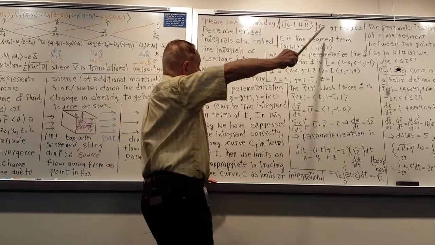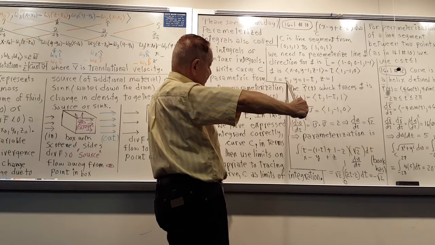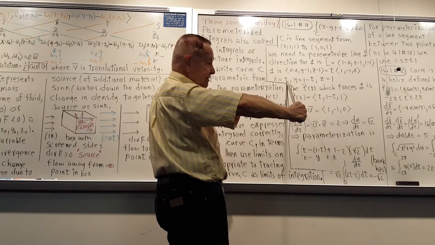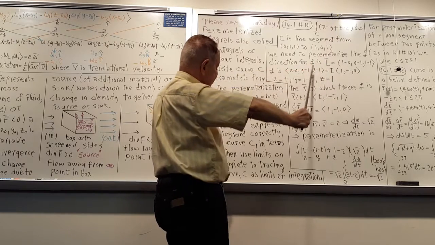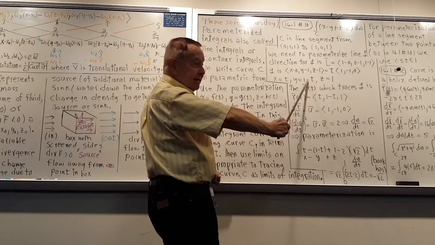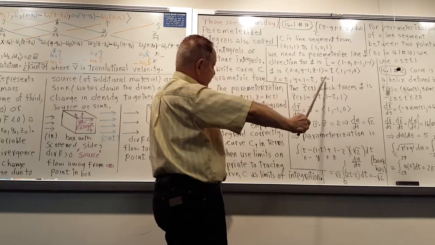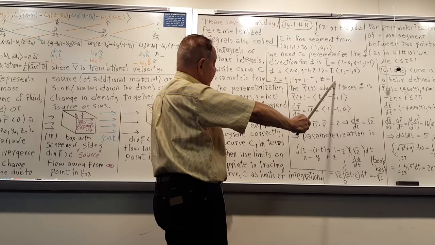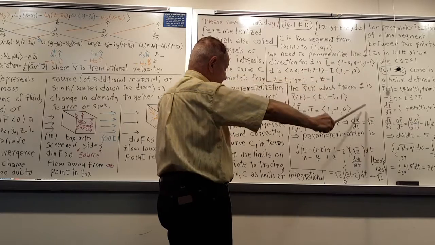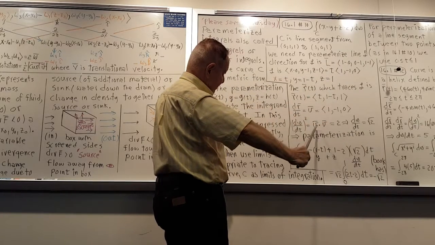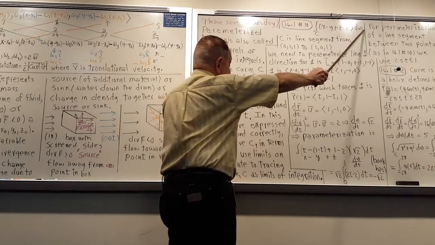So what you want to do then is replace x in terms of t with what x is if you're on this line. Replace y in terms of t with what y is if you're on this line. Replace z in terms of t by what z is, even if it's a constant. And then ds is ds dt, your square root of the dot product of velocity with itself, times dt.